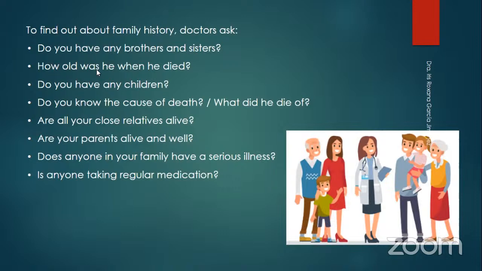How old was he or she when he or she died? Do you have any children? Do you know the cause of death? What did he die of? Are all your close relatives alive? Are your parents alive and well? Does anyone in your family have a serious illness? Is anyone taking regular medication? Well, all of this information, you can realize, is focused on this topic.